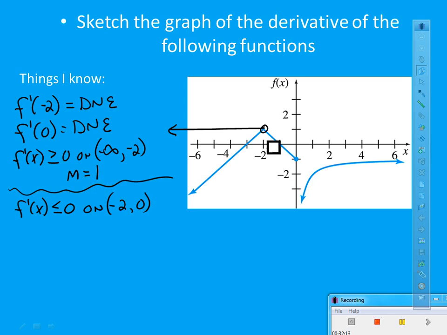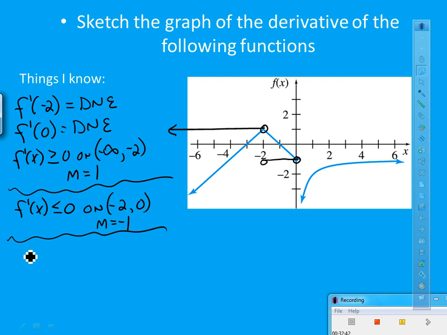Down 1 over 1, so this slope is -1. So I know from -2 to 0, my slope is -1. From -2, I'm going to use an open dot because it doesn't exist at -2, and it doesn't exist at 0. I know that my slope is -1. So that's that piece.